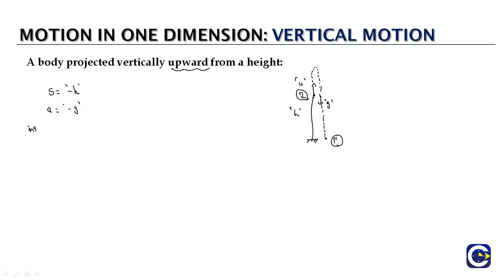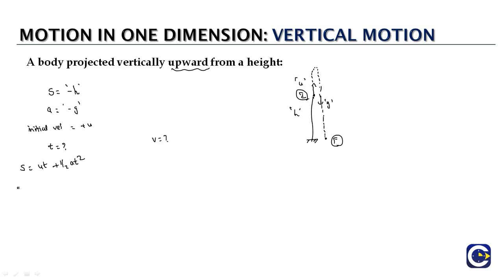Initial velocity, if we are throwing it with a velocity u in the upward direction, we will take it as +u, and we can find the time it takes to reach the surface of the earth, and also the final velocity. To find the time, we look at the relation s = ut + ½at².